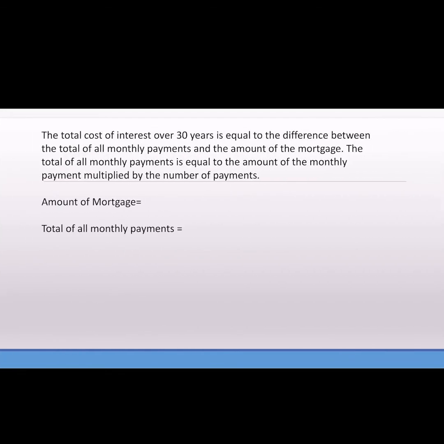Now what we're going to do is calculate the total interest that we paid. So what was the mortgage amount? 175,500, right? So what I want you to see here is how much do you pay them all together for 30 years? So get ready to be surprised.